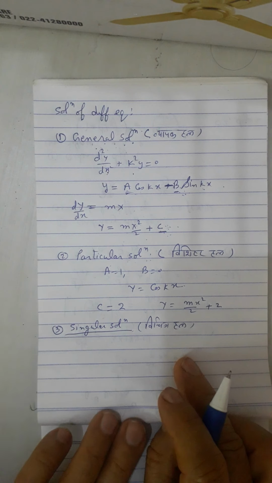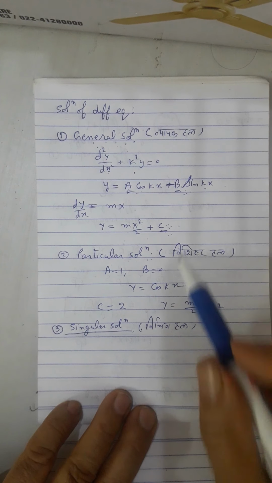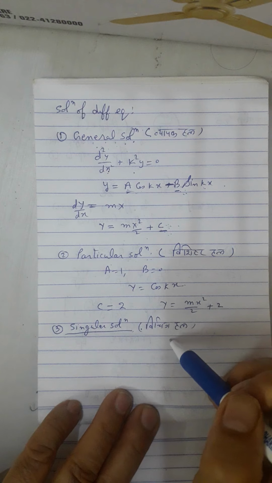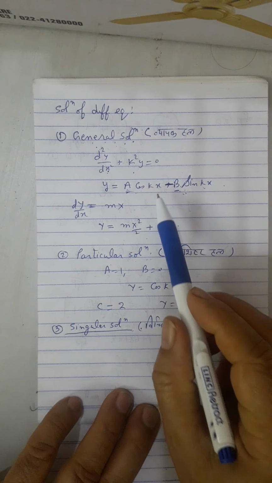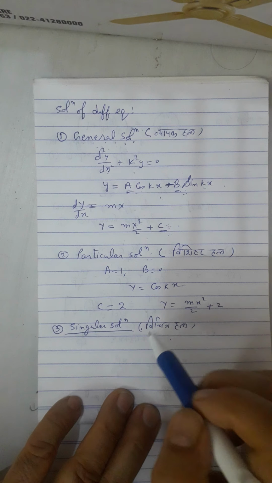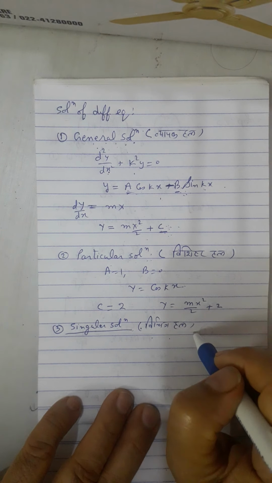Singular solution means vichitra hal. If in a differential equation we cannot obtain the solution from the general solution by giving particular values to its constants, then such a solution is called a singular solution.